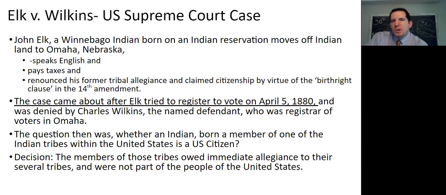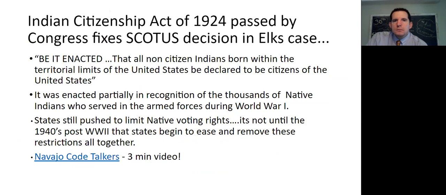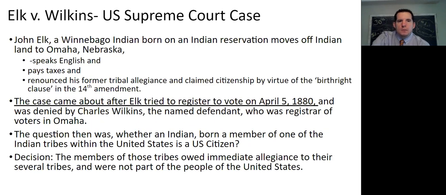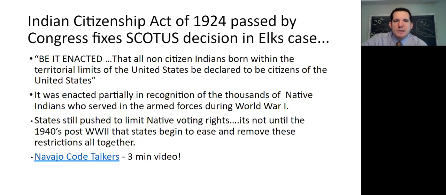So how is this corrected? It takes a while. You can see there, this case takes place in the 1880s, and we don't have a correction until the 1920s. But here's how it was corrected.